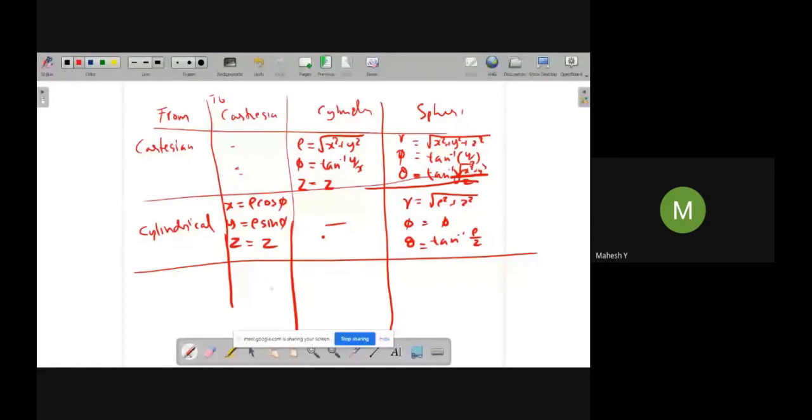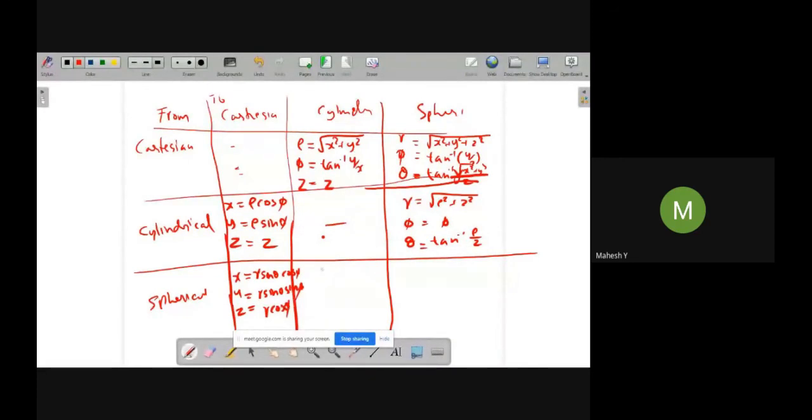And the last one, spherical. So what is x, y, z? X is equal to r sin theta cos phi. Y is equal to r sin theta sin phi. Z is equal to r cos theta.